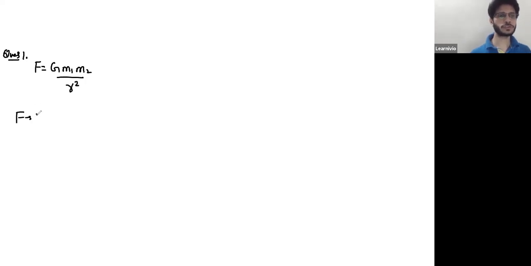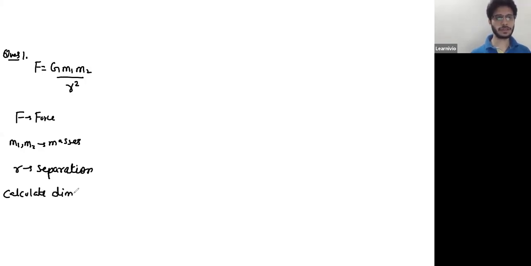Here F is force, M1 and M2 are masses, R is the separation between masses. Calculate the dimensions of G. You need the dimensions of universal gravitation force.